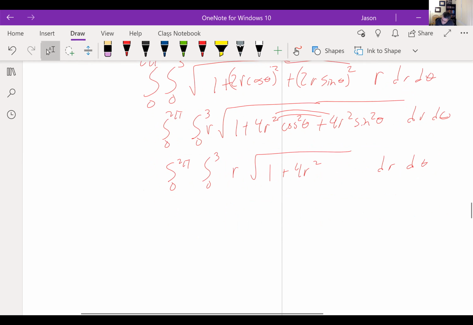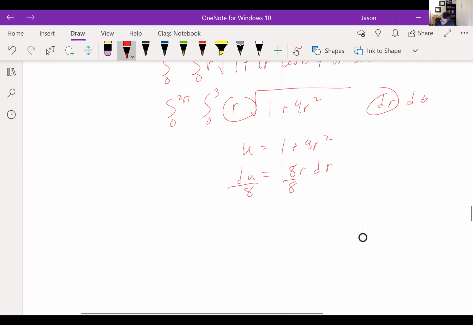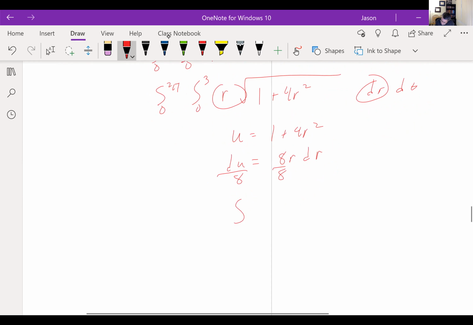Now we want to do a u-sub. u is equal to 1 plus 4r squared, du is equal to 8r dr. So divide by 8, and we get our r dr. That's good.